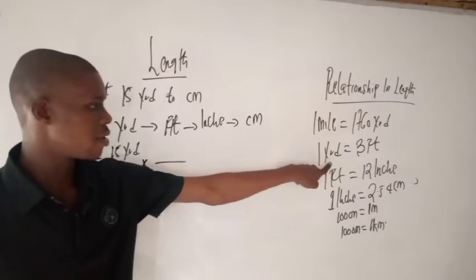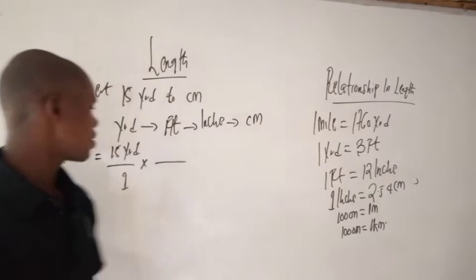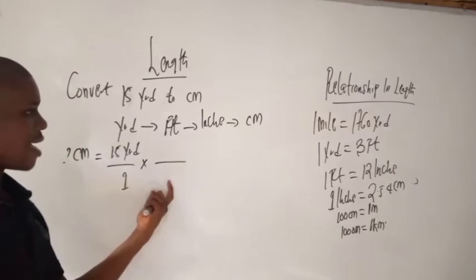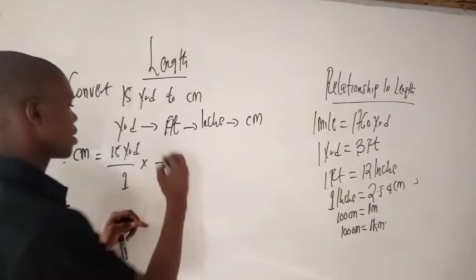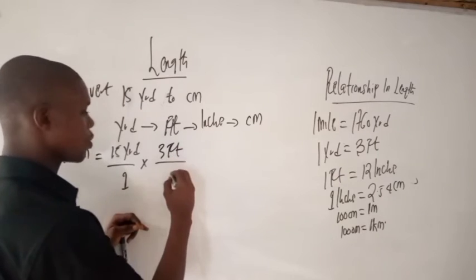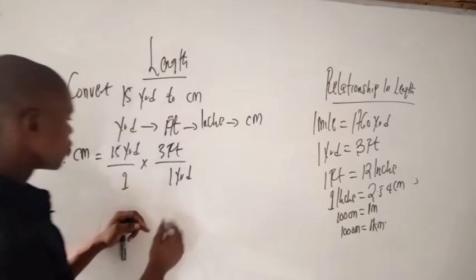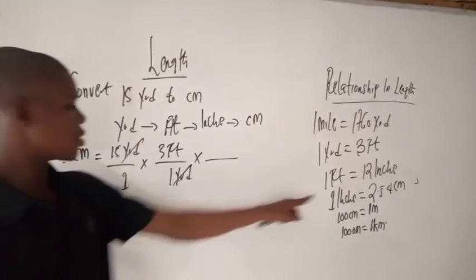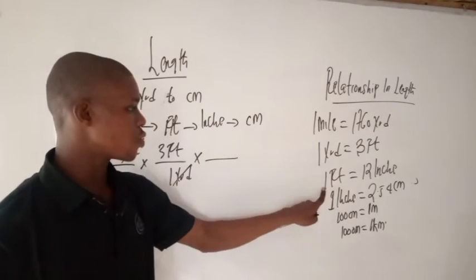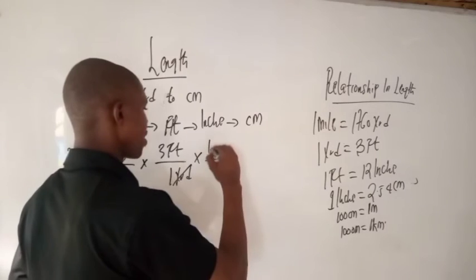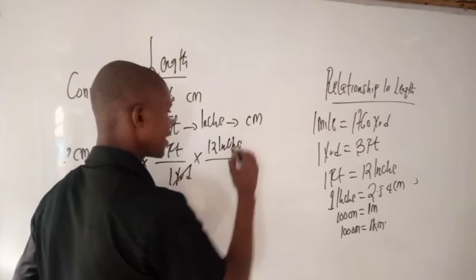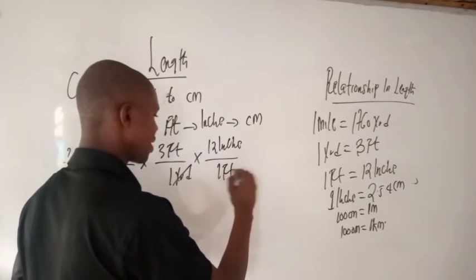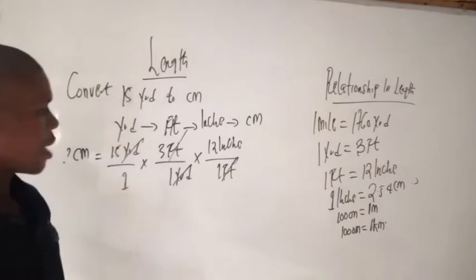The first one: 1 yard equals 3 feet, so yard will be at the bottom and 3 feet at the top. So we have 3 feet over 1 yard. Yard and yard go out. Next, 1 foot equals 12 inches, so 12 inches will be at the top and 1 foot at the bottom.